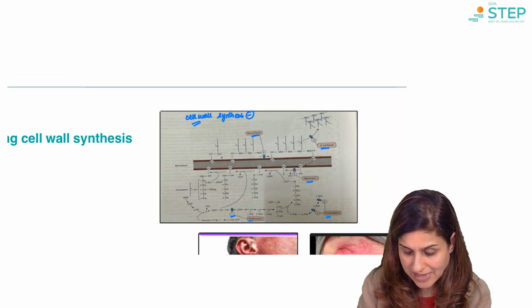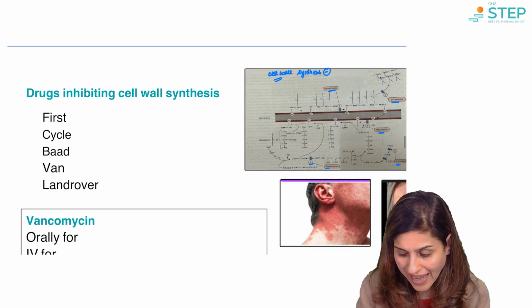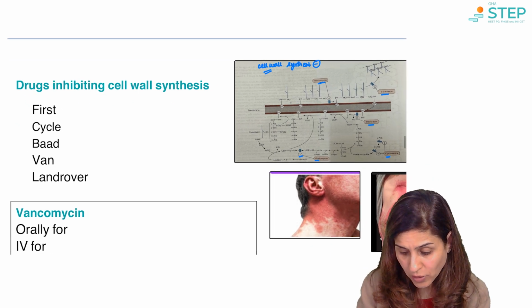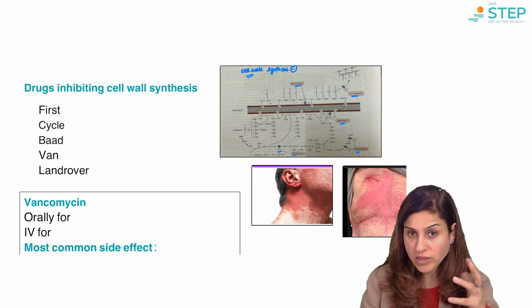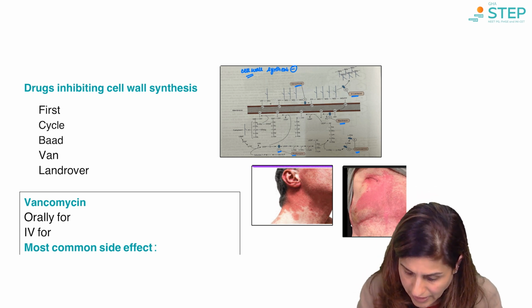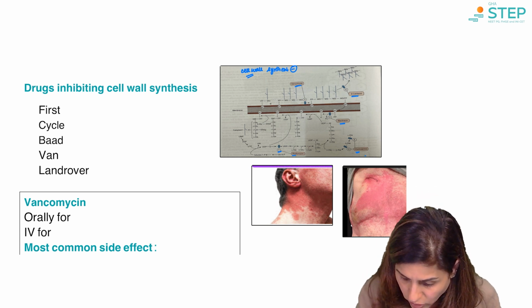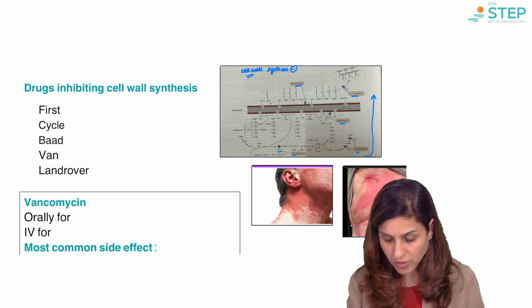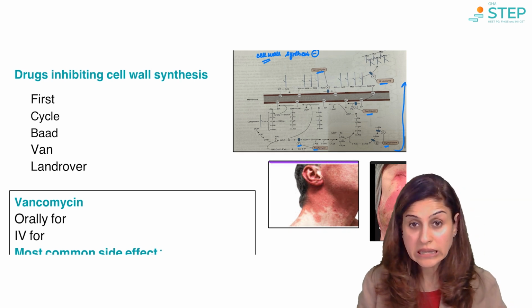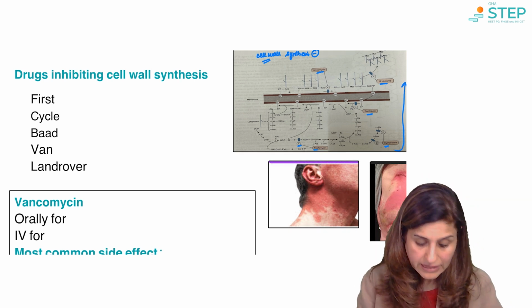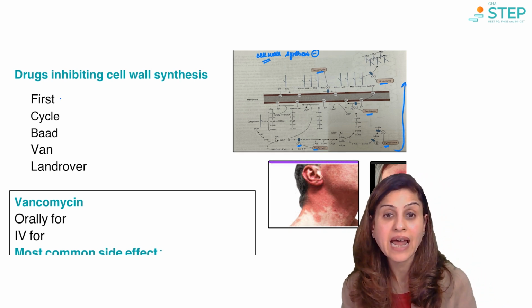Now, the order in which they act, it is important to learn this because the same diagram can be given to you and you will be asked to identify what site. Now, this is from inside to outside, no? From inside the cell to outside the cell, this is the order. So, there's a mnemonic to make you learn this easier. First cycle, then bad, then van, then Land Rover.